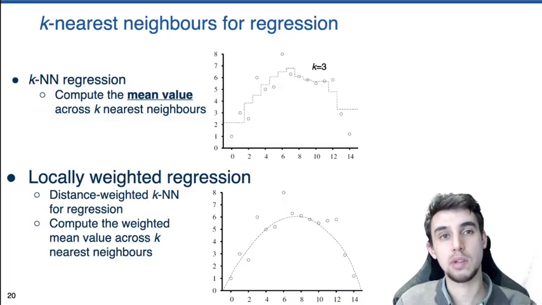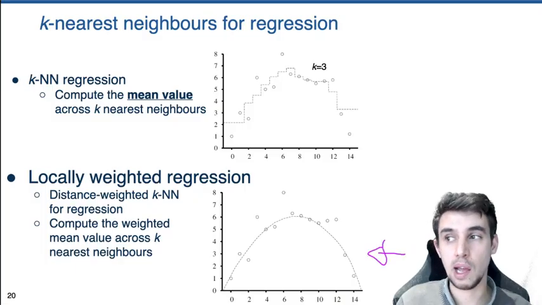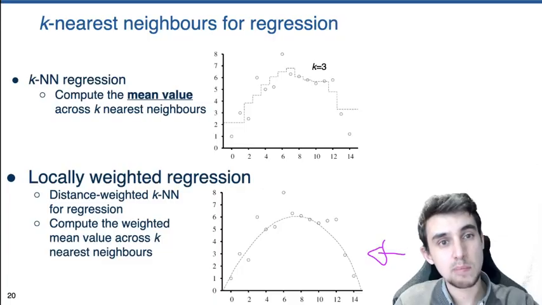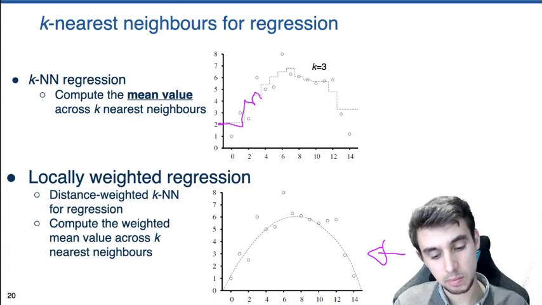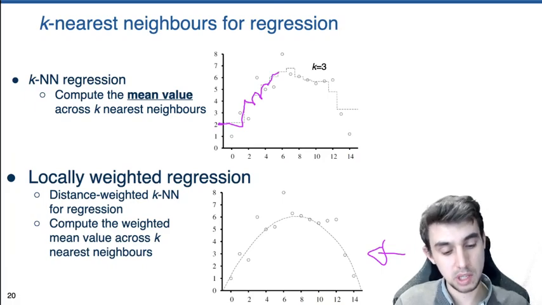And as you can see on this figure, we will have much smoother trends than the very jagged prediction here in the k-nearest neighbor regression algorithm.